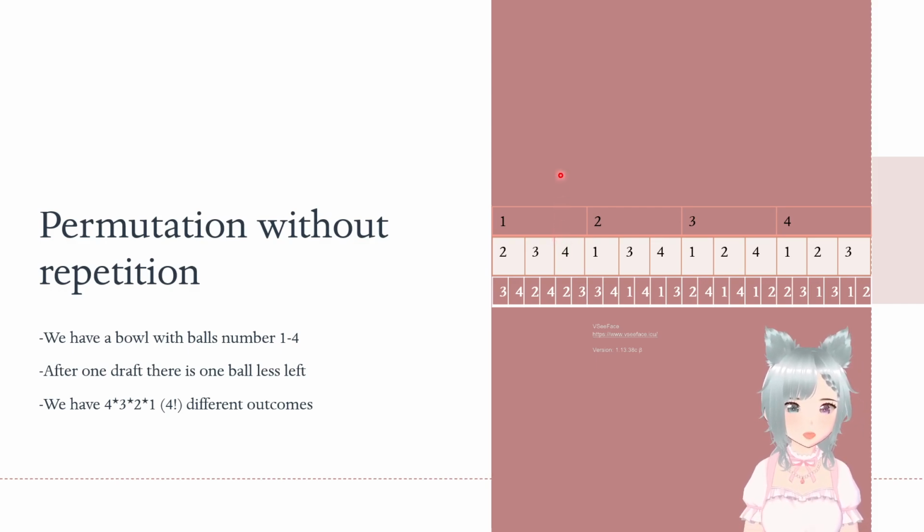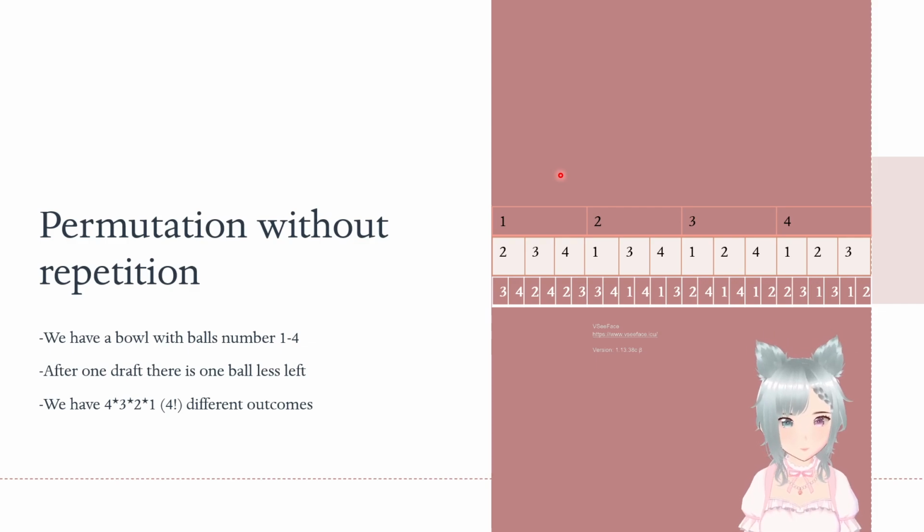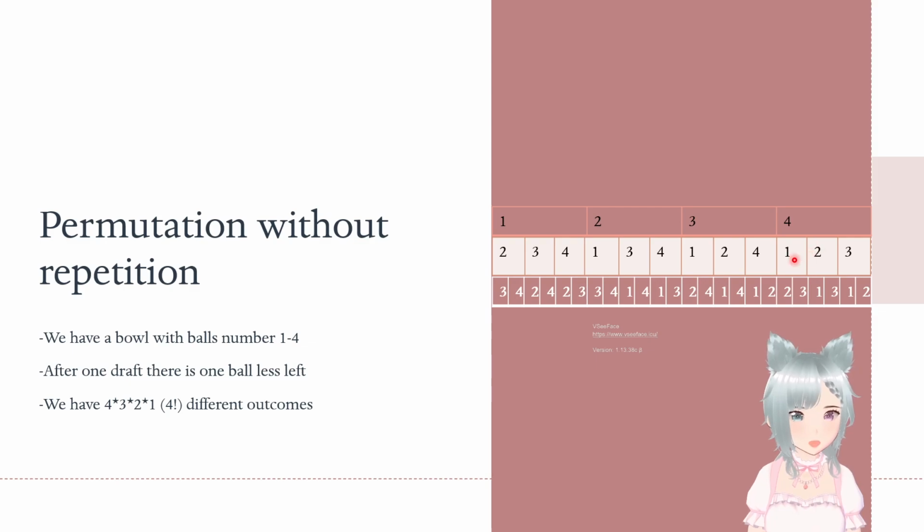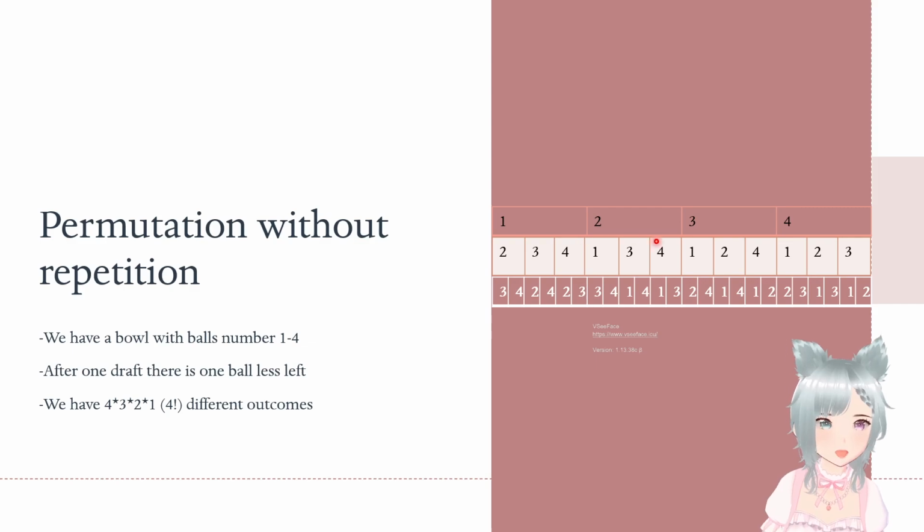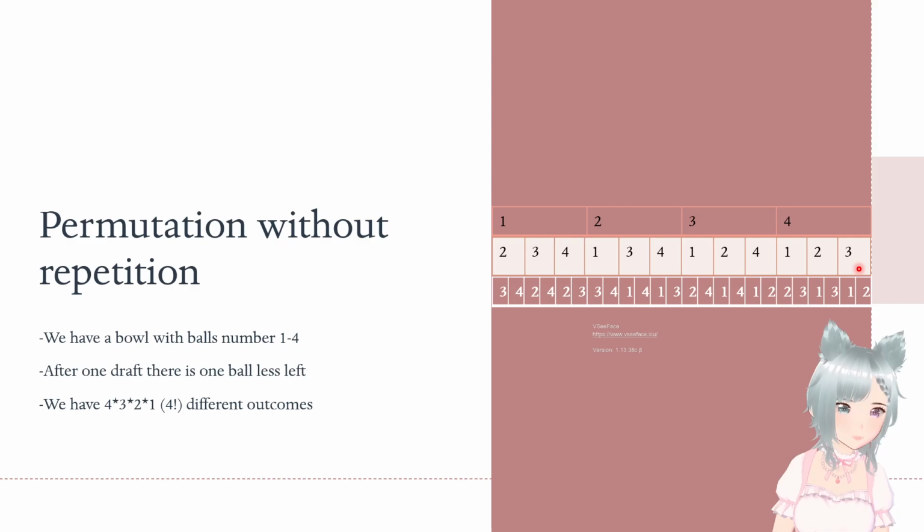So it cannot appear again. The same with the 2, it cannot appear again. We either have the 1, the 3, or the 4. And with 3, we also have 3 different sets, and for the 4 as well. So for each different first pull, we have 3 different pulls for our second pull. So we have 4 times 3 different sets after we pull 2 times.